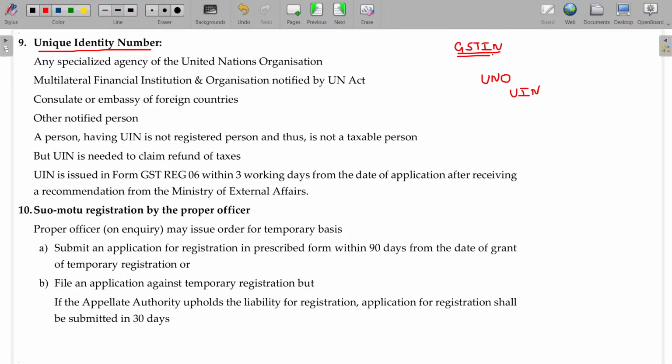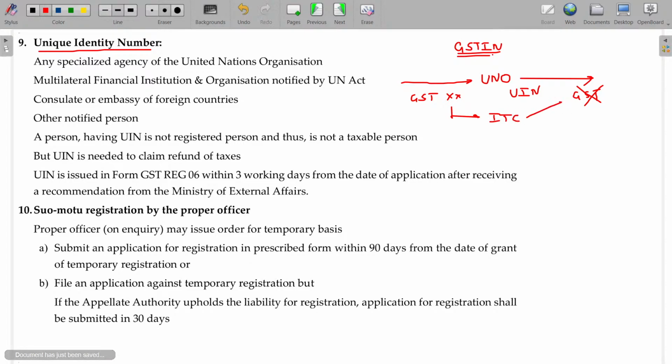Because whatever supply is done by UNO to others, GST is not applicable. Whatever input supply they get, whatever GST they paid, they can get the ITC. Of course, there is no GST payment.